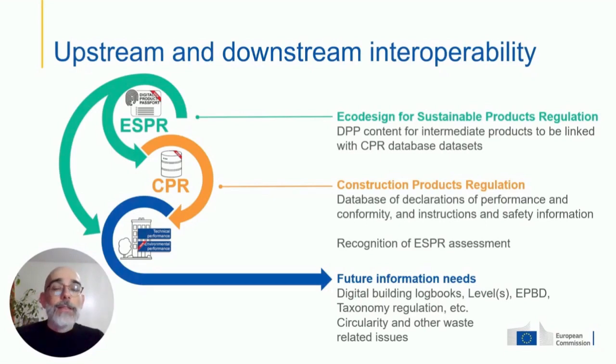And the crucial element is the use of this information. All the policies related to buildings and construction are expected to benefit from this availability of information. Some examples are the digital building logbooks, levels, but we are also discussing, there is a negotiation about the Energy Performance of Buildings Directive, and it includes the assessment of the whole life carbon of a building.